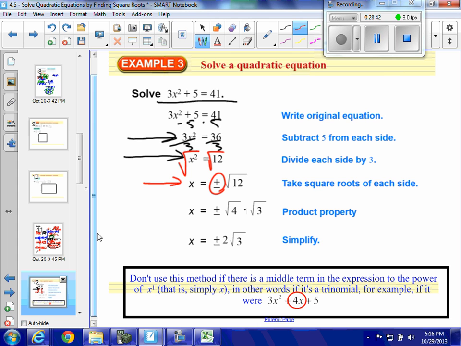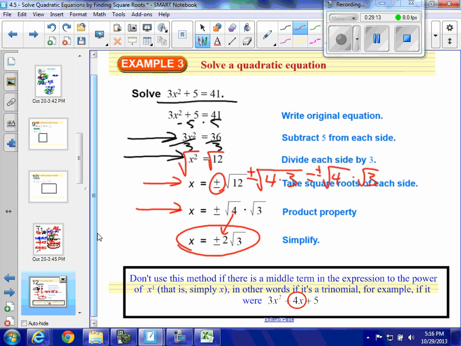So I have x is equal to plus or minus the square root of 4 times 3, and then I can change that into the square root of 4 times the square root of 3. That becomes 2. So my answer is x is equal to plus or minus 2 radical 3.